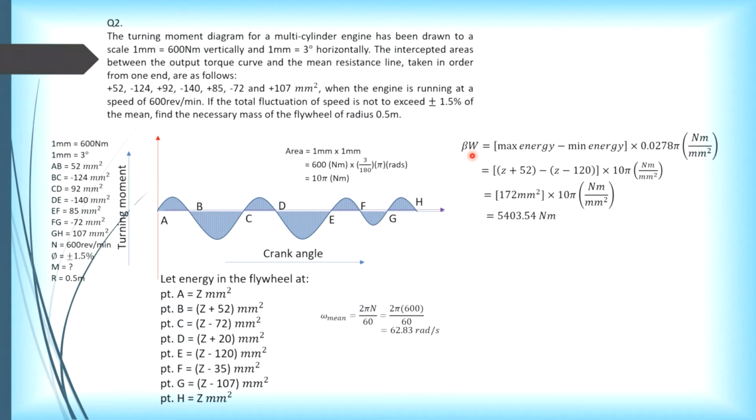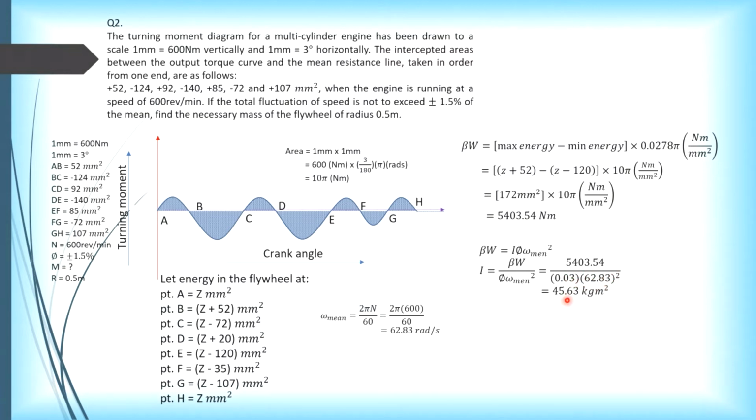So you got 5403.54. Once you have found beta W, now you can find I, the moment of inertia. You have your beta W and your coefficient of fluctuation, which is 0.03. If you take plus 1.5 over 100 of mean speed minus negative 1.5 over 100 of mean speed, then divide by mean speed, you should get 0.03.